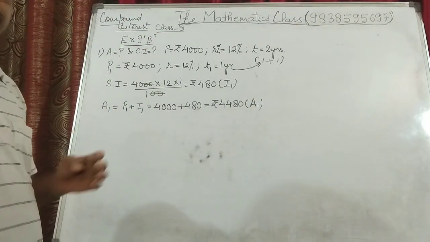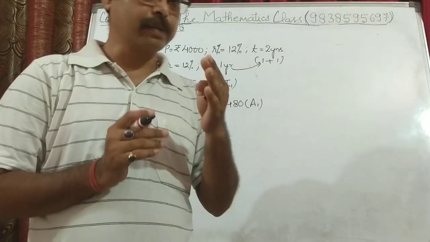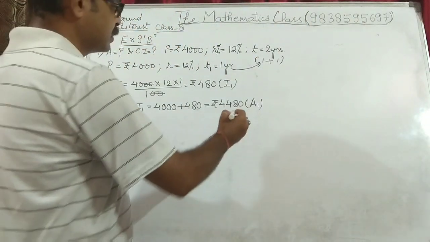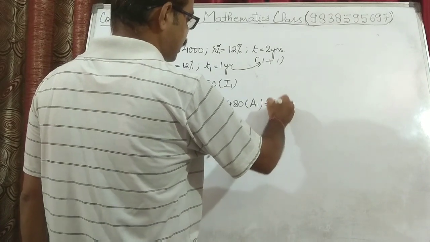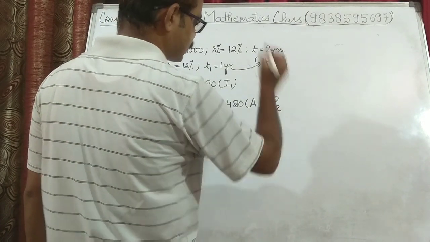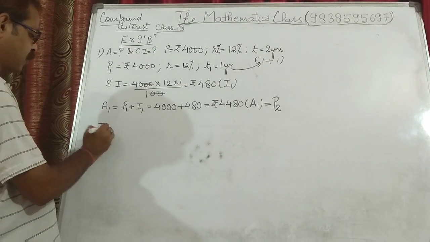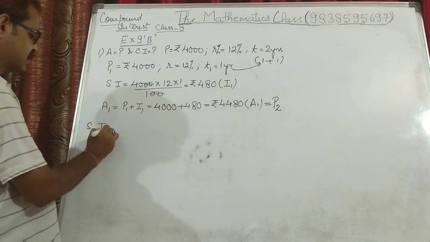Just now we discussed that whatever is the amount, it becomes the principal for the next year. It means this can be considered as the principal for the second year. Now we will calculate the interest for the second year.